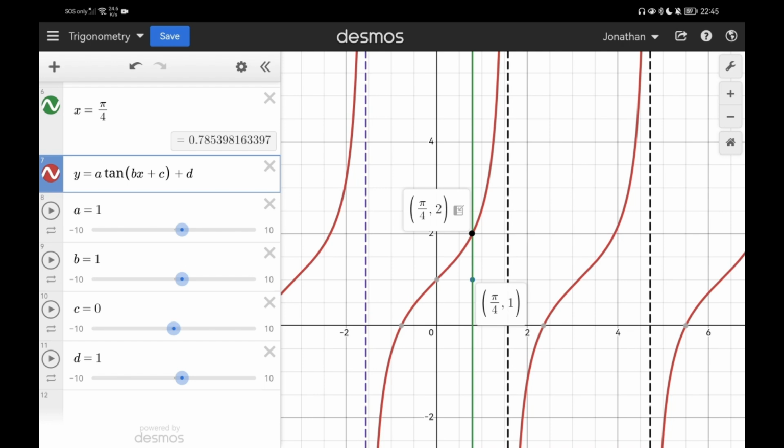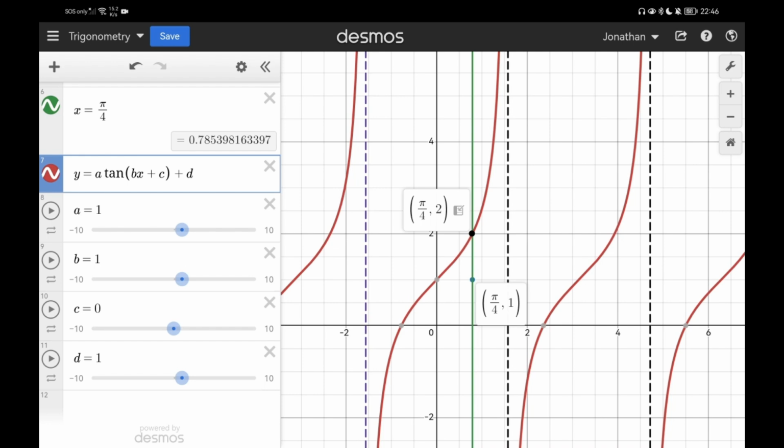As you can see, for the extrapolation at pi over 4, its value changes to 2. So for the tangent function, the translation in the y direction moves upwards when d is positive. If d is negative, it moves downwards.